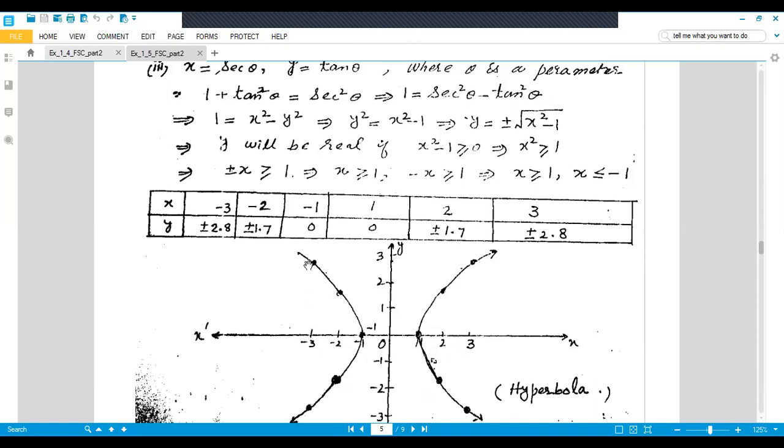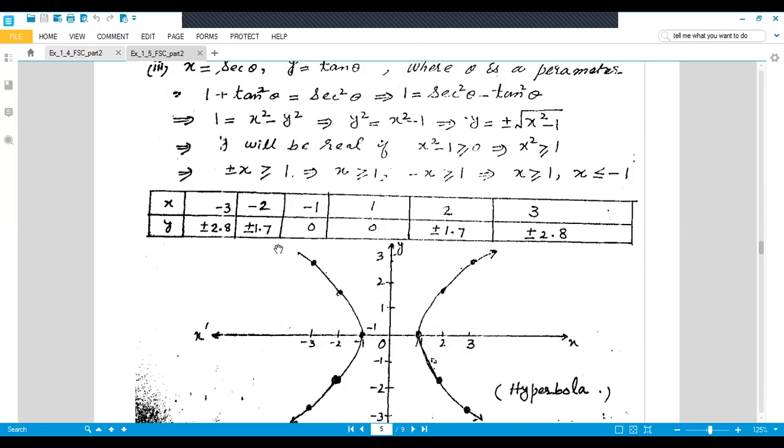For the positive 2.8, above minus 3, after 2, 8 small boxes, you put this point here in front of 2.8. And similarly for minus 2.8, below minus 3, after minus 2, 8 small boxes, you have to put a point here.